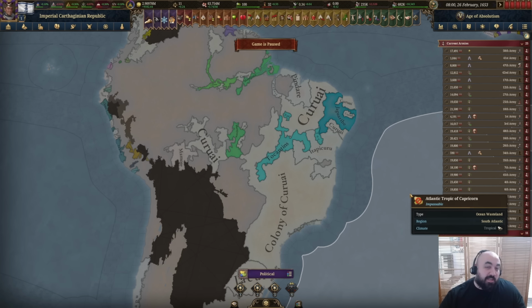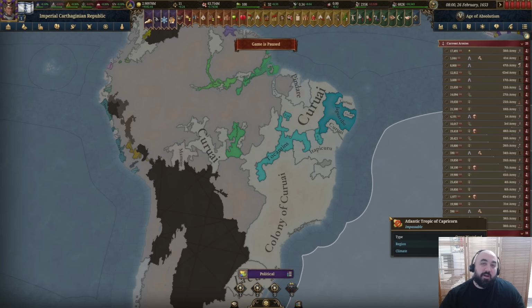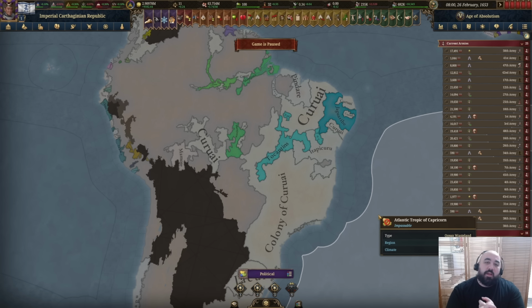I do think that exporting both lumber and masonry to colonial markets in particular feels really good, because you're both decreasing the price in the market you're exporting it from, albeit it generally costs quite a bit of trade capacity, and also you are providing a supply of it where it otherwise would not be.